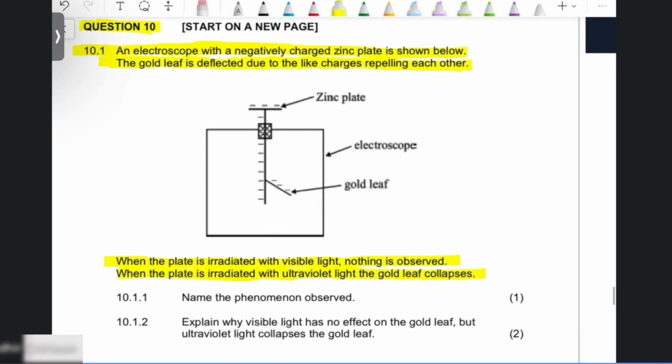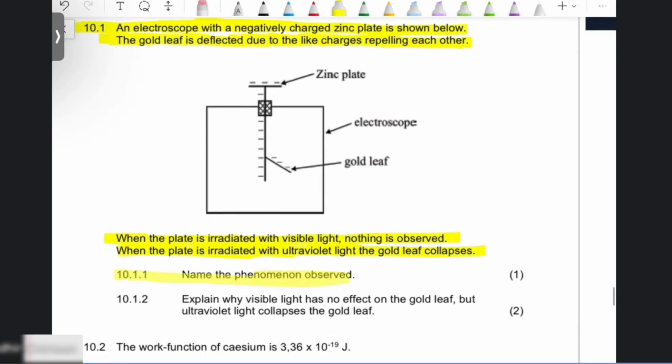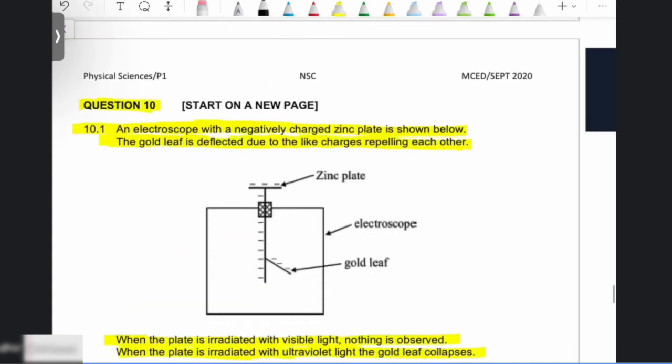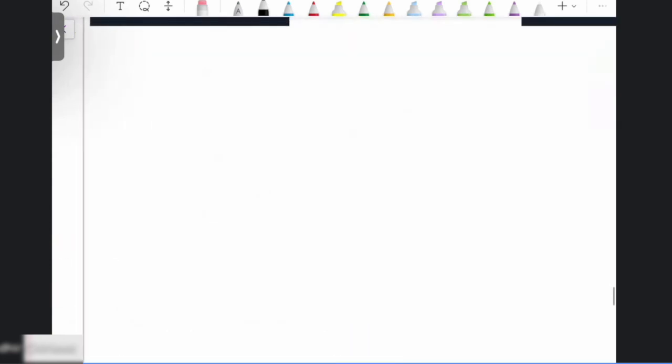Okay, now it says name the phenomenon observed. Guys, the phenomenon is basically the photoelectric effect. We don't have to think too much about that. 10.1.2, explain why visible light has no effect on the gold leaf, but ultraviolet light collapses the gold leaf. Basically, visible light doesn't have a high enough frequency. So for 10.1.2, let's just write it here.